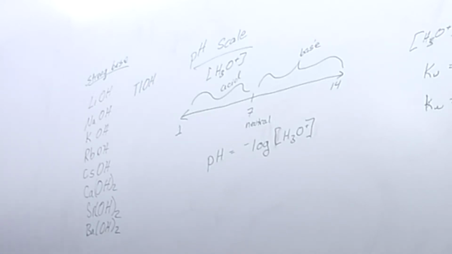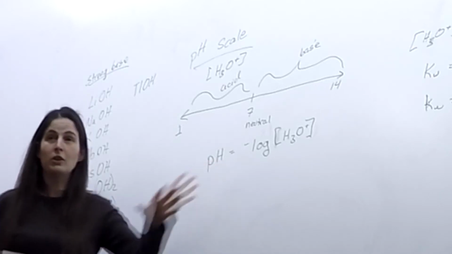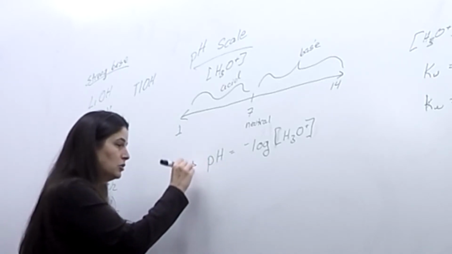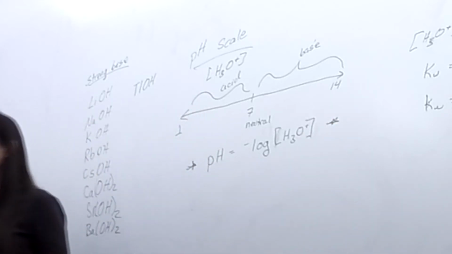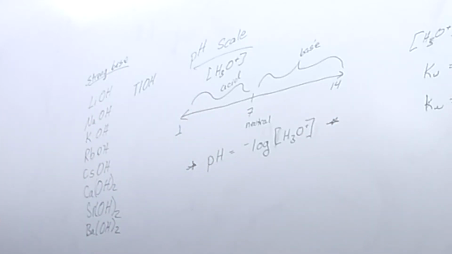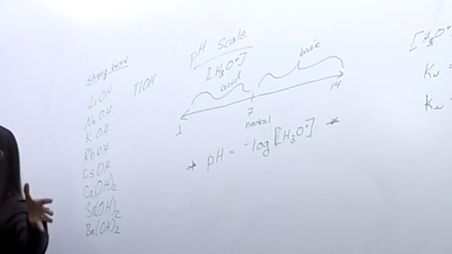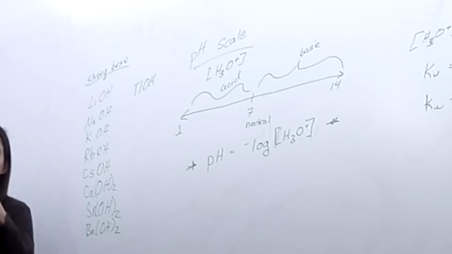There we go. So with this, this is definitely one of the equations you will want to know, because this is going to get you from the concentration of the H3O off of any concentration that is measured, and it will take you to the pH that you should get off the pH scale. So this will take you from the chemistry, the concentration, to something in the realistic world in experimentation that you can measure.